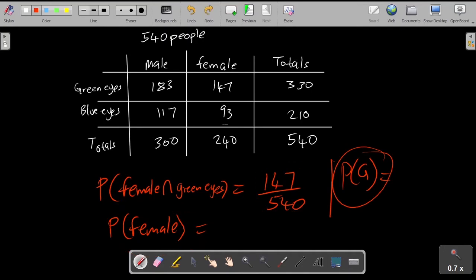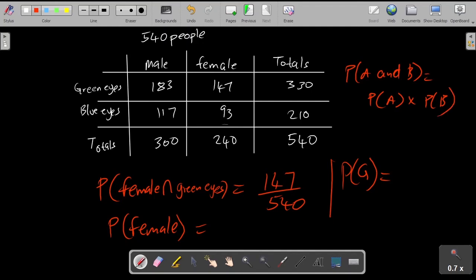And if they are equal, then that means that the variables gender and the color of eyes are basically independent. Because for independence, P(A and B) has to be equal to P(A) times P(B).